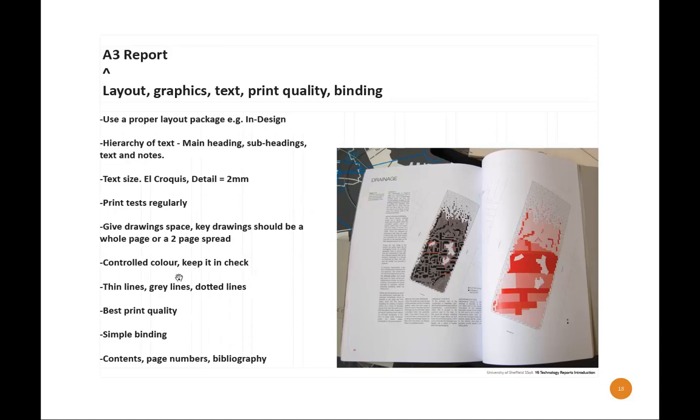Controlled colour. Not that we're obsessive about the appearance of these reports, but quite often, just controlling the use of colour gives that colour more impact. And if the whole report is a riot of colour, then those colour points don't stand out. Thin lines, grey lines, dotted lines.